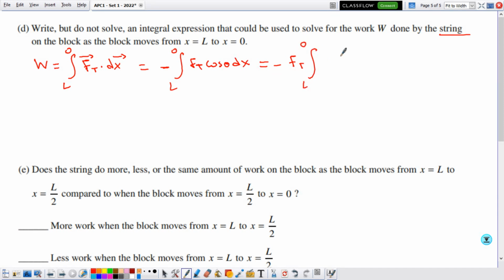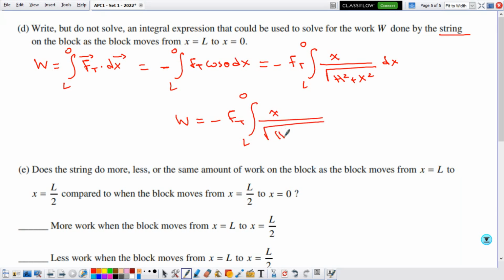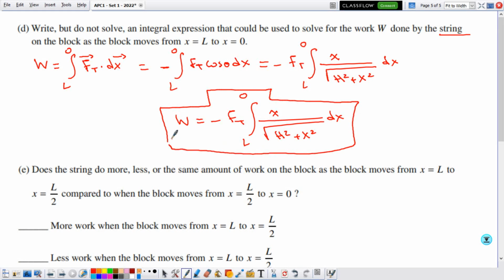Now what is cosine theta? It has been determined to be x divided by radical h square plus x square, and we will stop here, and our answer would be given by W is minus Ft, the integral from L to 0, x divided by radical h square plus x square dx, simply because they mentioned in the question not to solve the integral.